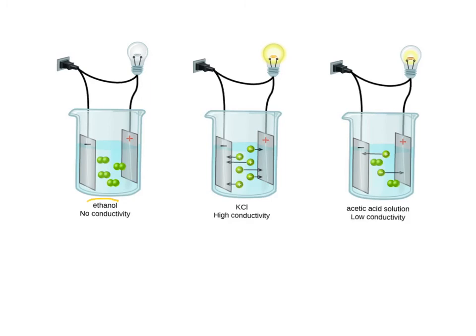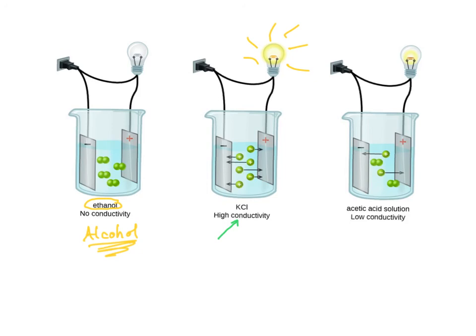So something like ethanol, which we just looked at, which is an alcohol, okay, that's going to be a molecular compound, so a non-electrolyte, so you don't see the light bulb light up at all, okay? On the other hand, you're going to see KCl, which is an ionic compound. It's going to form a lot of ions, and you're going to have a nice bright light bulb here, okay? It's going to be very, very bright.